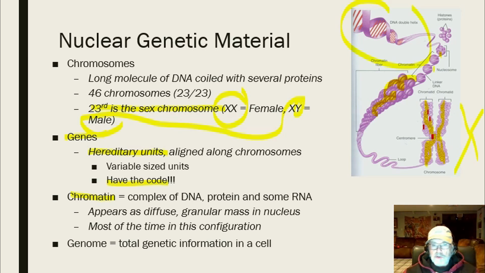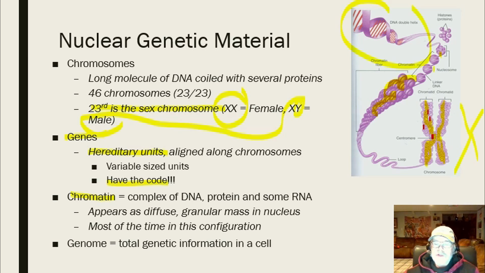They don't assume the X-shaped or dyad structure. They're not haphazard, though; they're in a certain territory in the nucleus. But it gives the nucleus that granular appearance, not the X shape we normally associate with a chromosome.